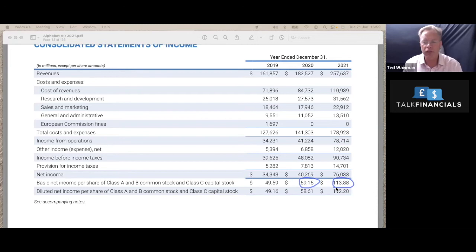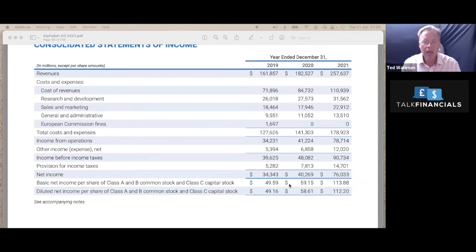So 59 cents per share to $59 per share to $113 per share. So the increase in the earnings per share is partly driven by the increase in the profitability, but it's also driven by a reduction in the number of shares. And what they're going to try and do is to carry on with that so that you are earning an increasingly large amount per share effectively.